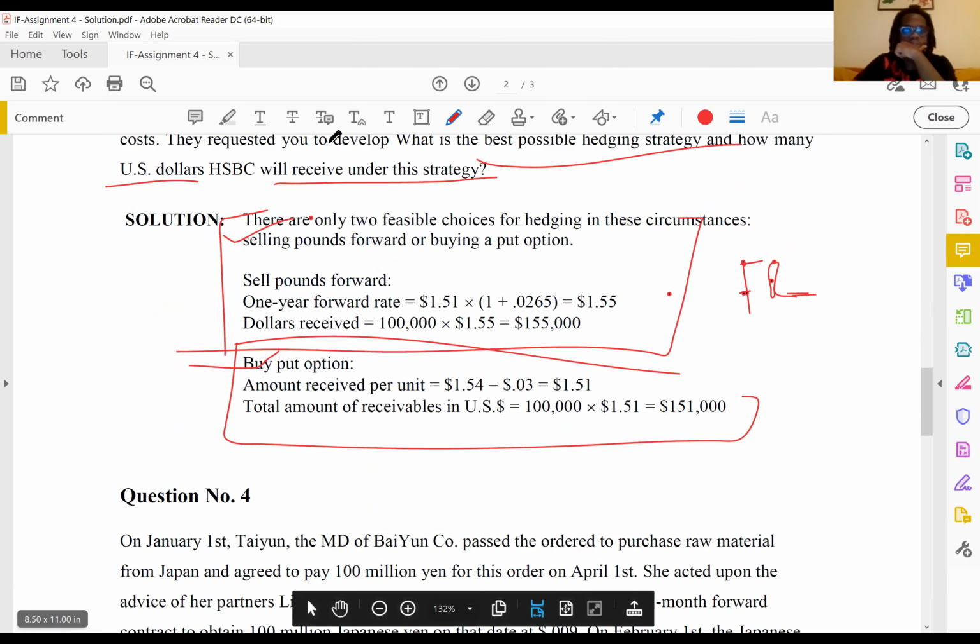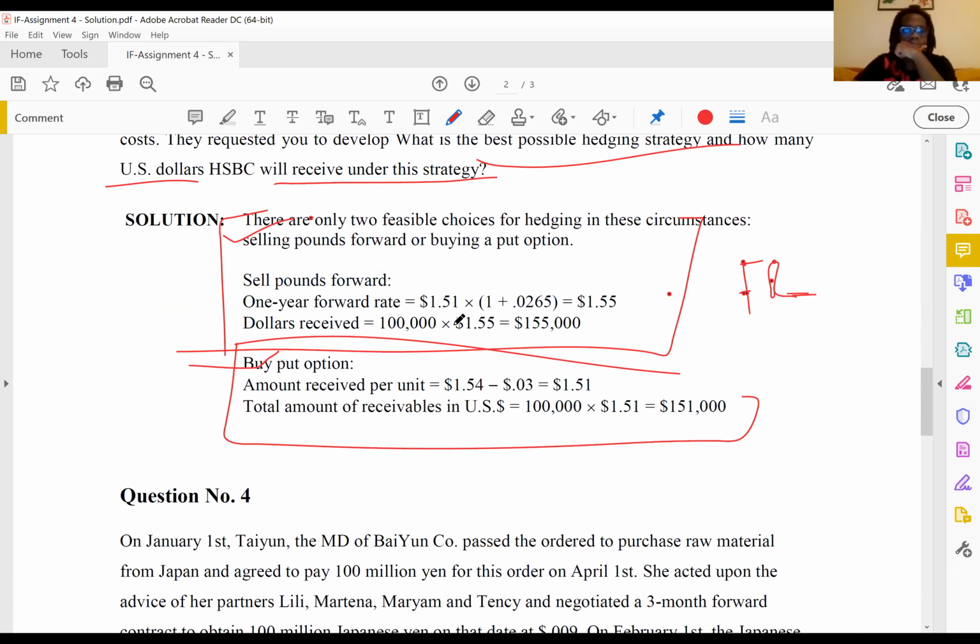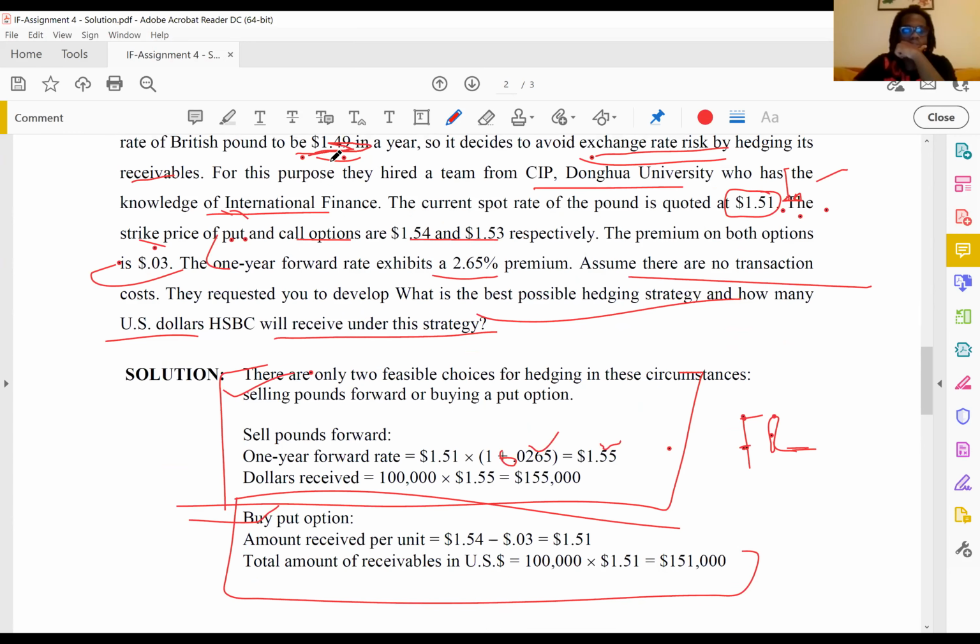So let's talk about selling pounds forward. You know how we calculate the forward rate: 1.51 times, because this is a premium. If this were depreciation, then here it would be minus. So you will enter into a sell forward contract. Whatever happens in the market, even if the price goes down to 1.49, you don't care. Because this is an obligation for both parties, you will sell at 1.55.